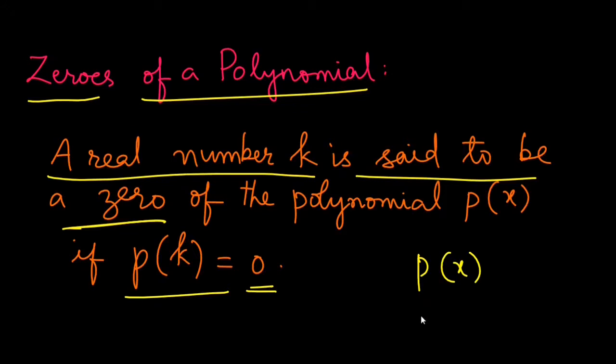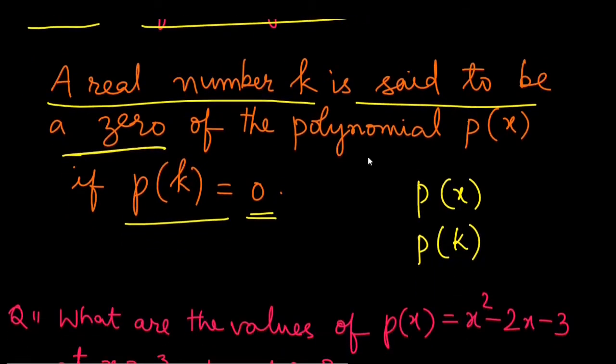If we take the value of p of x at k, that means at x is equal to k, when we substitute k in place of x, if the value is 0, then that k is called 0 of the polynomial.